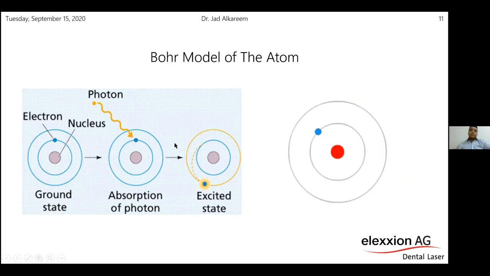After the atom becomes excited, the electrons move in a higher orbital. Then after some time, the electron comes back to the normal orbital by losing energy. The energy which the electron loses represents the laser.